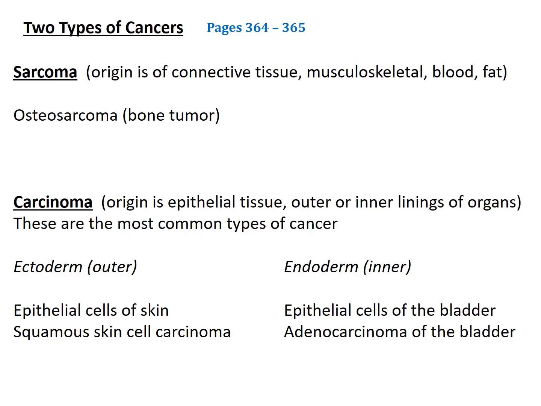And if we say adenocarcinoma of the bladder, that means that cancer of the bladder came from glandular epithelium. How do we know that it came from glandular epithelium? Because it's been labeled adenocarcinoma, glandular epithelium. And again, it's the microscopic analysis, the pathologic analysis of the histology, that's going to make that diagnosis.